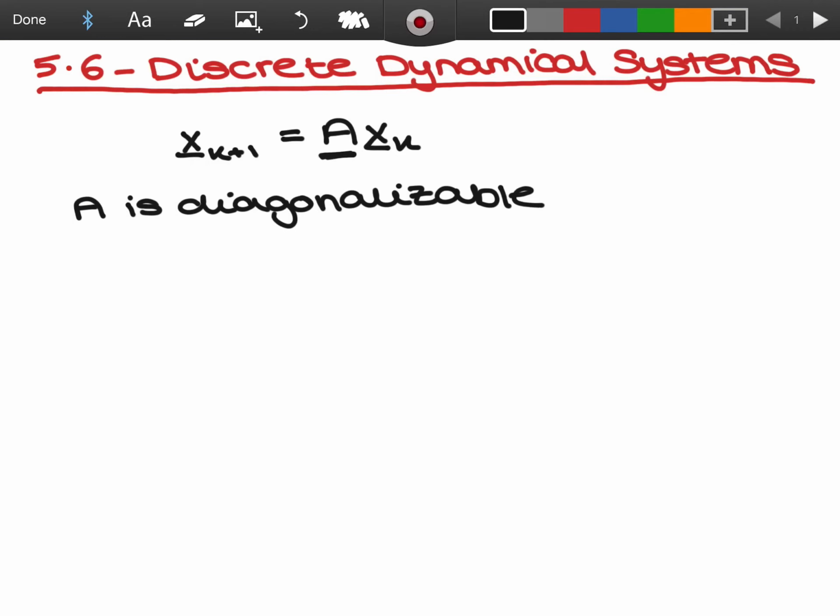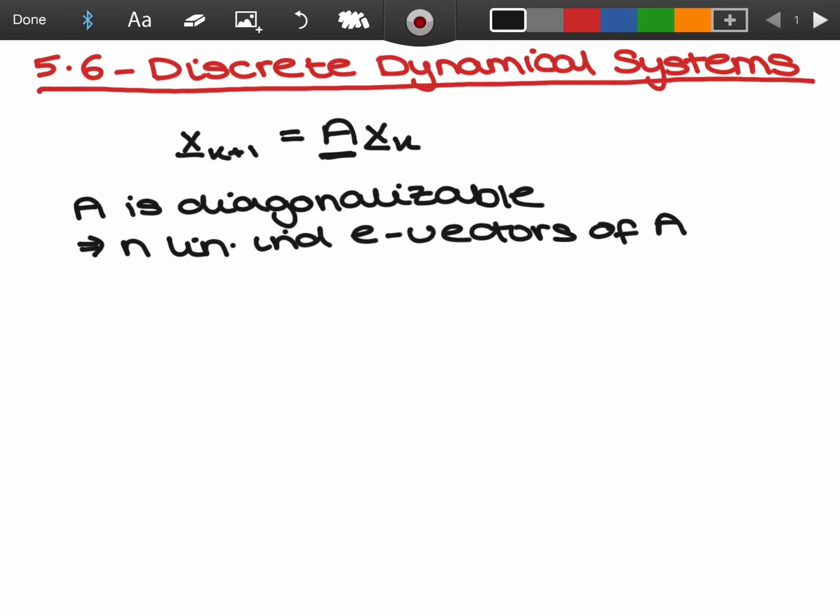So if A is diagonalizable, that means that we have n linearly independent eigenvectors of A, which we're going to call V1 through Vn. Okay. And they've got eigenvalues. We're going to call them lambda 1 through lambda n, but we're going to order them in such a way such that they're going to decrease in value.